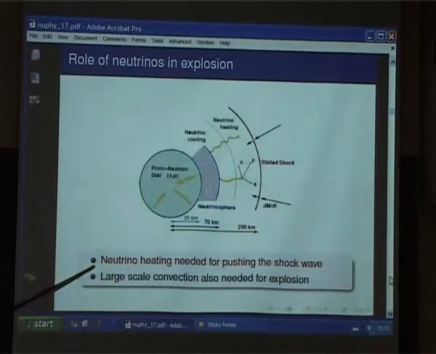You need this neutrino heating, which is neutrinos pushing the shock wave from behind, and you need some large scale convection. So this is a detail. It turns out that if you only have neutrino heating, but you have a spherically symmetric star, then the shock wave will not be able to explode the star. This is known through simulations. However, if you allow for convection, then it is possible for the star to explode.